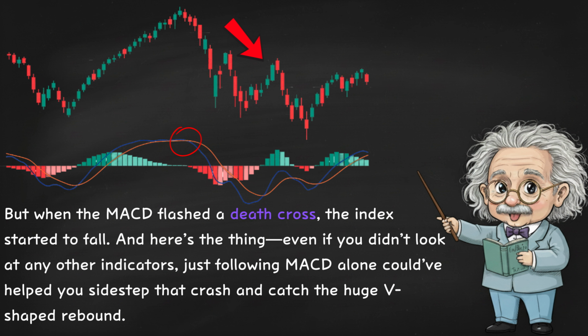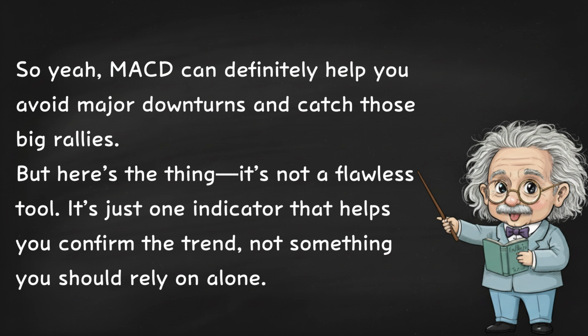But when the MACD flashed a death cross, the index started to fall. And here's the thing, even if you didn't look at any other indicators, just following MACD alone could have helped you sidestep that crash and catch the huge V-shaped rebound. So yeah, MACD can definitely help you avoid major downturns and catch those big rallies.